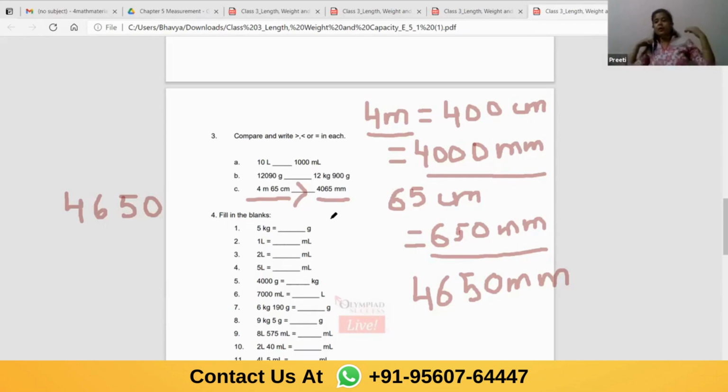Like we memorize tables, similarly we'll have to memorize that 1 kilometer is equal to 1000 meter, 1 meter is equal to 100 centimeter, 1 centimeter is equal to 10 millimeter. All these things you can make a chart of. Can you at the end of the class show how to make it? Can you just give us a little bit of idea? Sure, I can help you with that.